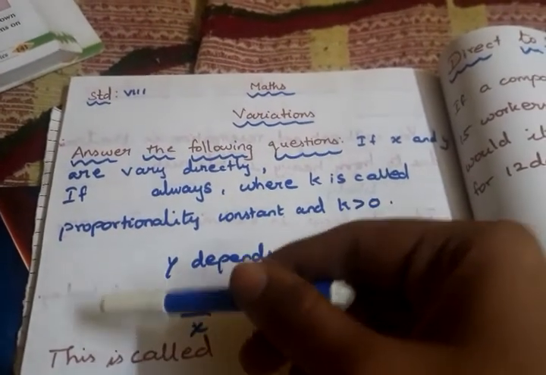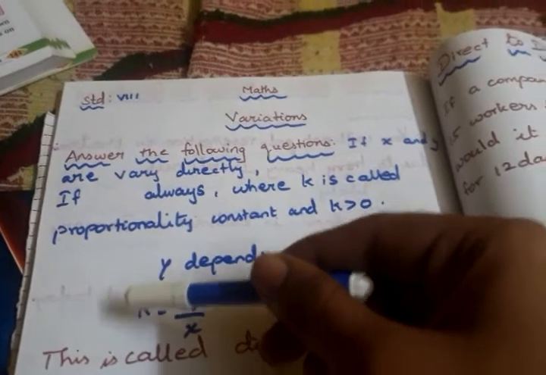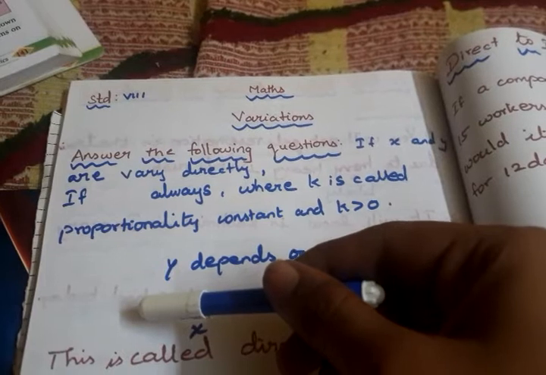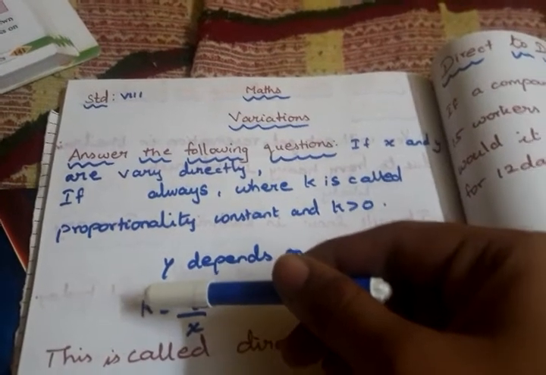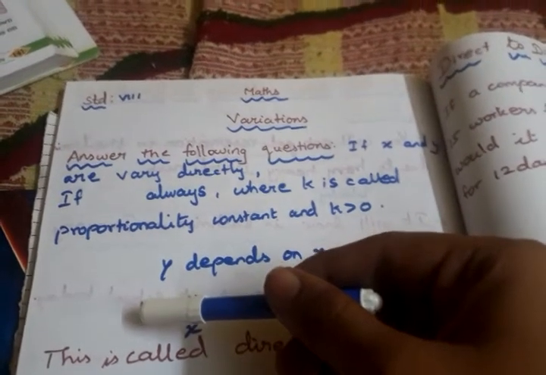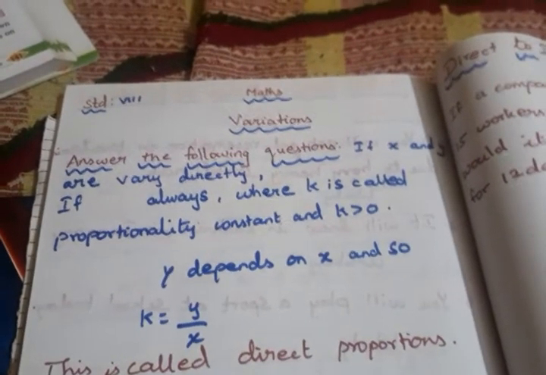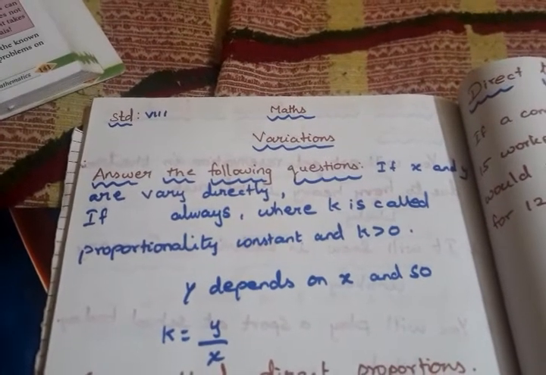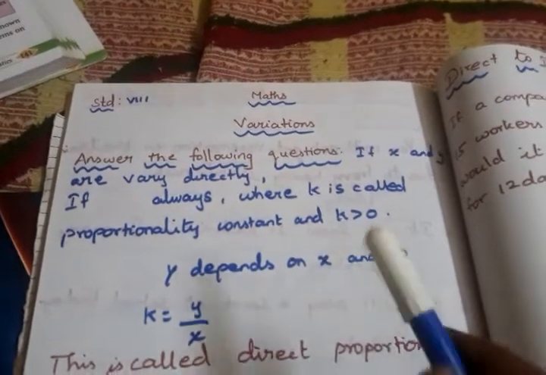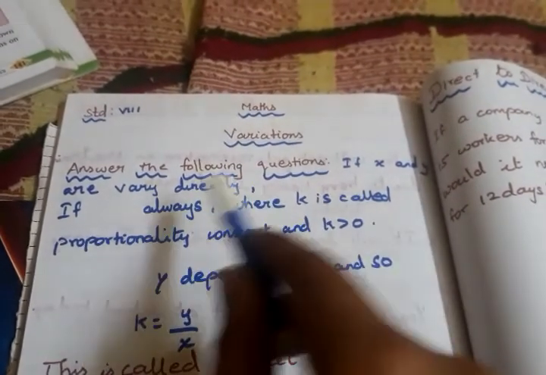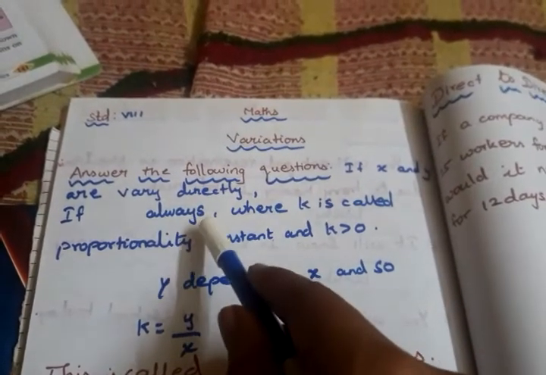So if two quantities are such that an increase or decrease in one quantity makes a corresponding increase or decrease in the other quantity, then they are said to be in direct proportion, or to vary directly. In other words, x and y are said to vary directly if both increase or decrease together.